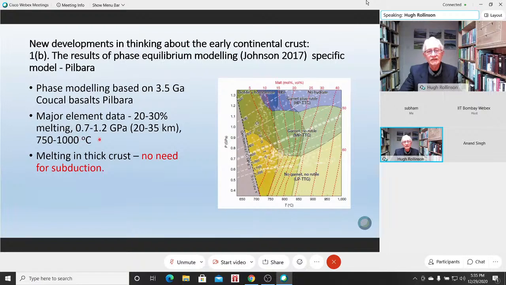Their calculated stability field is slightly shallower and their temperature is slightly higher than the data of Palin, but it basically amounts to the same thing, that using this phase equilibrium modeling technique, then we have no requirement for subduction, implying that basaltic melting took place in some kind of thickened basaltic crust, produced maybe by a mantle plume.